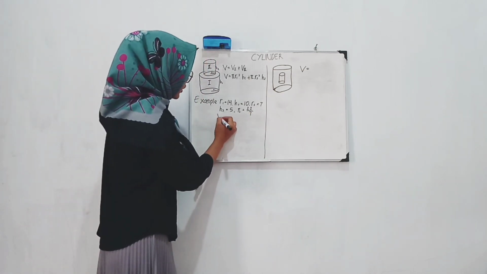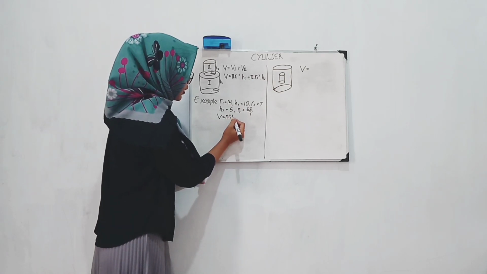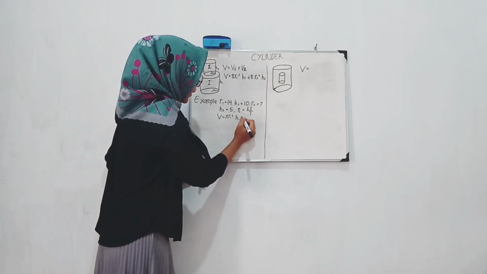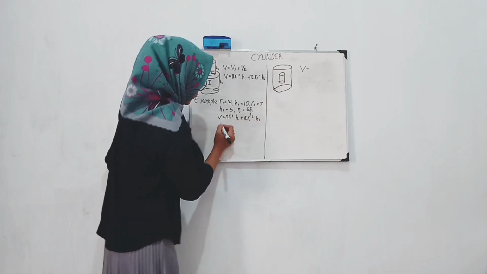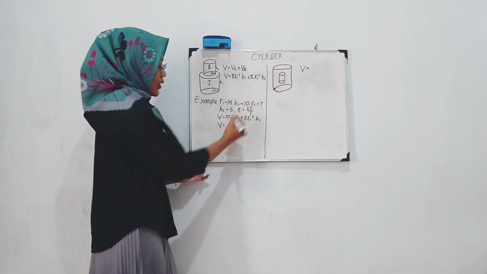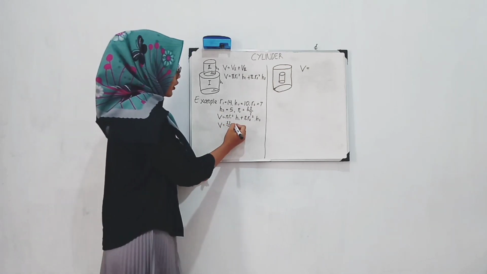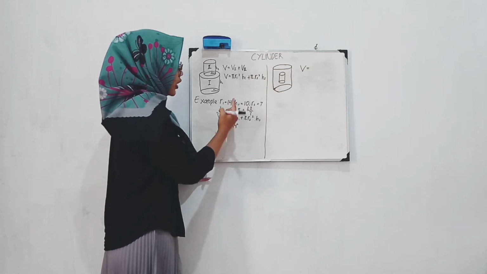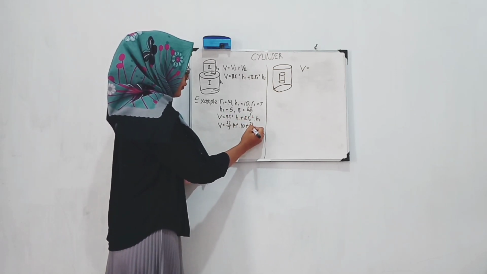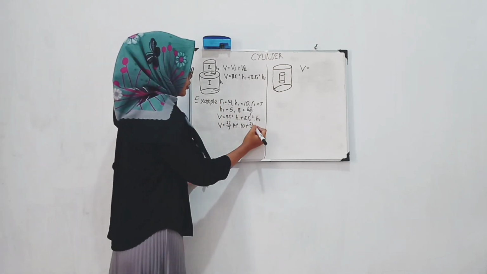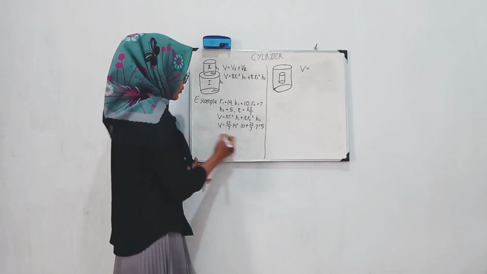Volume equals πr1 square times height 1 plus πr2 square times height 2. Volume equals π is 22/7, radius 1 is 14 square times height 1 is 10, plus π is 22/7 times radius 2 is 7 square times height 2 is 5.